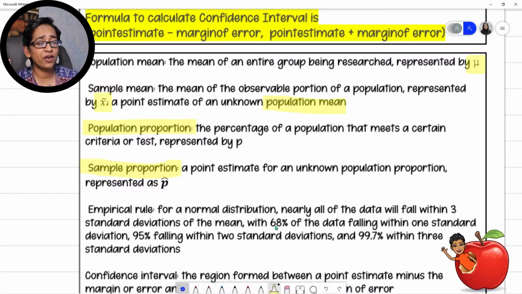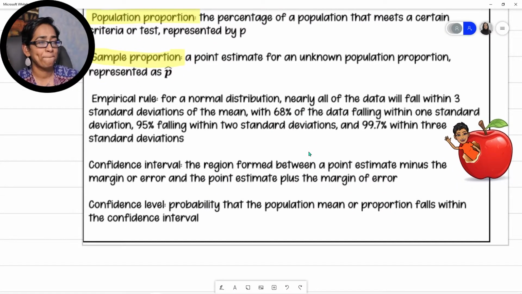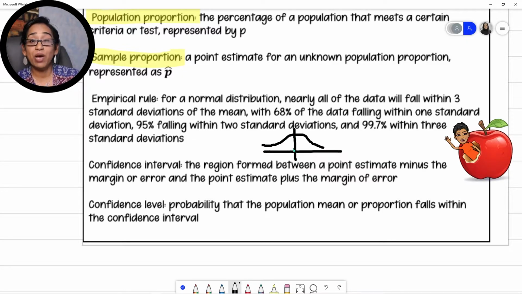Empirical rule, very, very important. And what is that? In a bell-shaped curve, and this is my mean, 68% of my data values are within one standard deviation. 95% of my data values are between two standard deviations, and 99.7% of values are between three standard deviations.